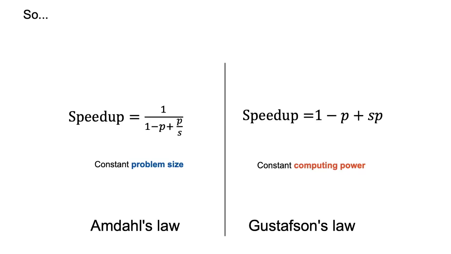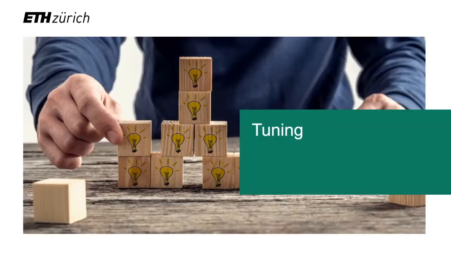If you start making things faster, then people are going to use it more and solve even more problems. This is what's going to happen. So Gustafsson considers that the computing power is constant, and if you make things faster, you just do more things. So this is why if you improve a system, you're going to be solving more problems, right? So these are just two perspectives on things.